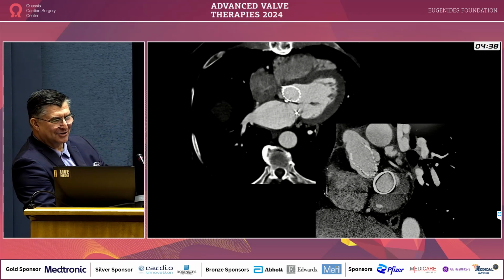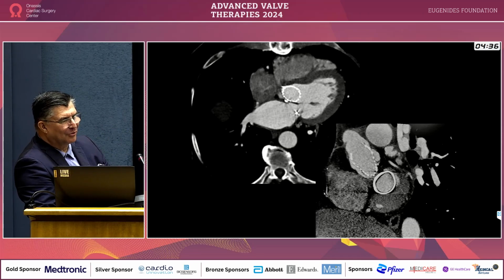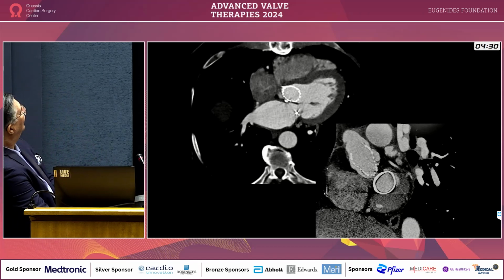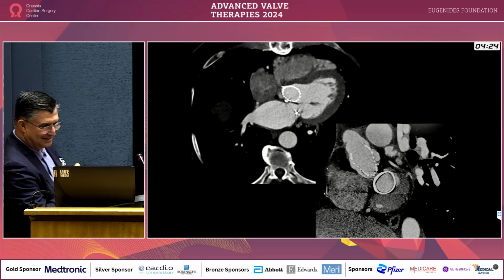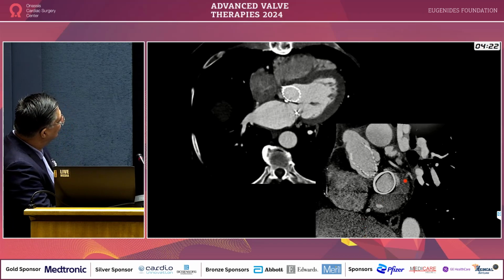As Dr. Athanasopoulos was telling me what happened, my hand was performing the three-dimensional reconstructions, and when I reached this image here, he said, yes, there it is. So this here is the prosthetic valve, and this here, between 1st and 4th o'clock, is the PVL.